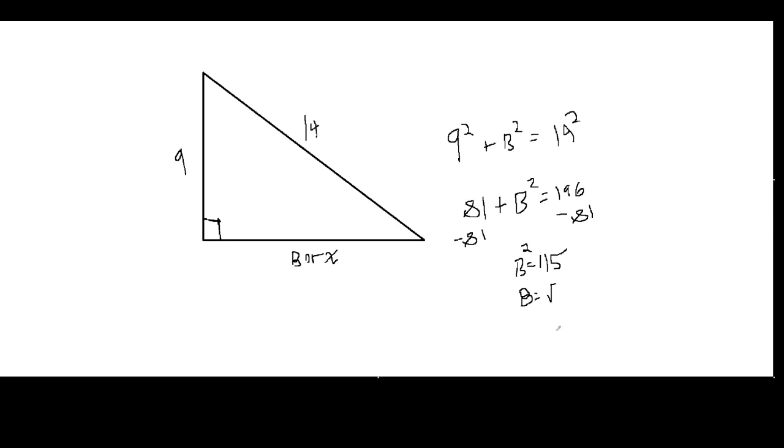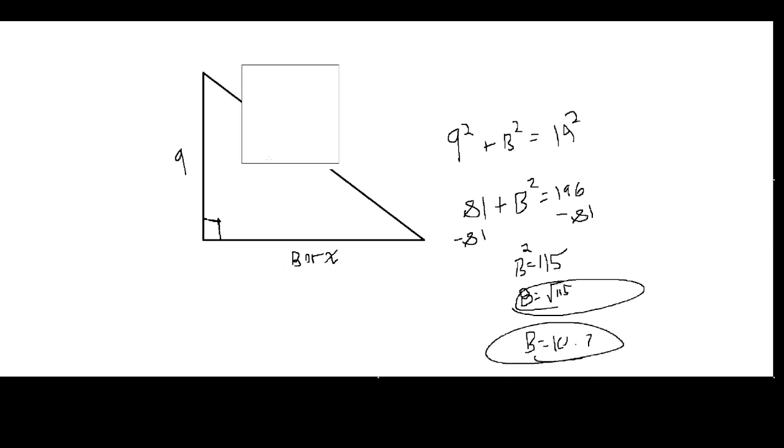Just b equals square root of 115. If your teacher wants you to put it like that, that's fine. You could also plug it into a calculator, get however many decimals you want, and you could get b equals, I just put 10.7 here. This is also correct.